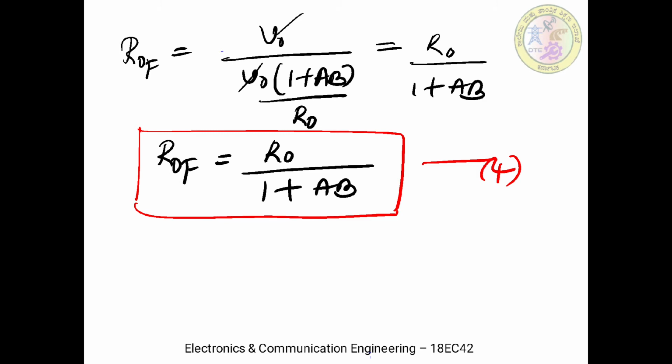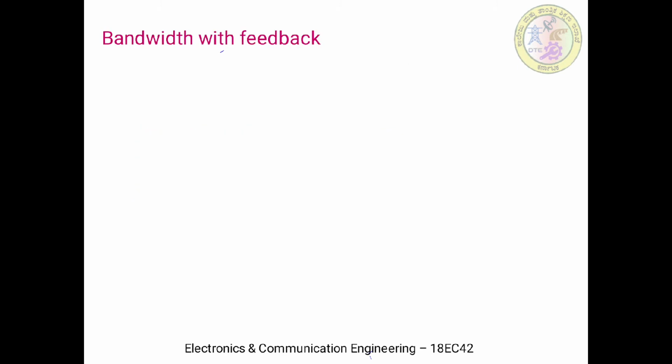So let us take the next important parameter, that is bandwidth in the presence of feedback. We know that the gain bandwidth product of a single break frequency operational amplifier is constant. We discussed this for the non-inverting configuration also.